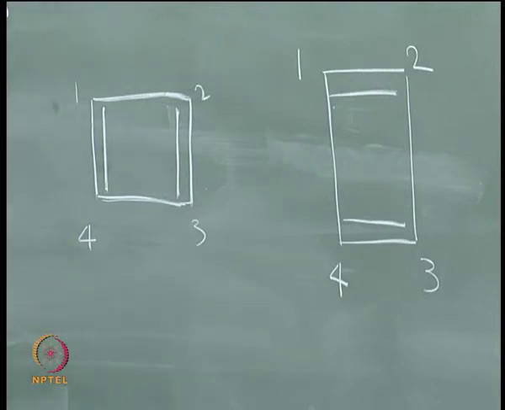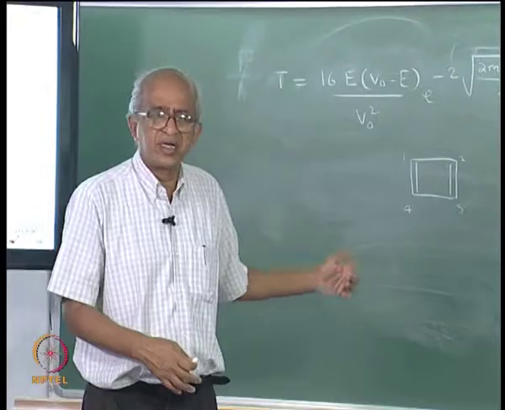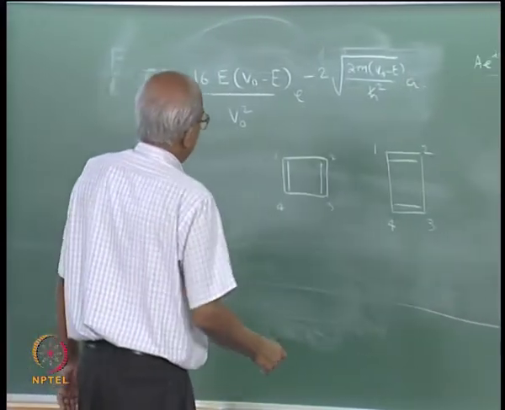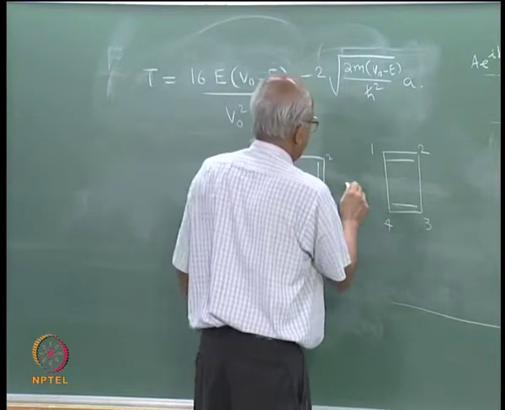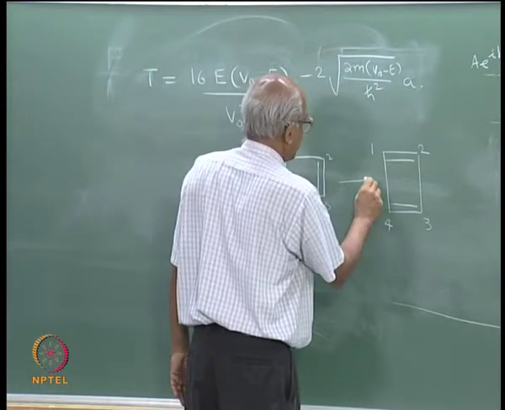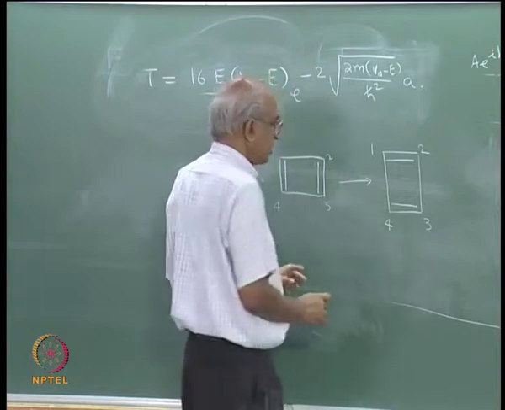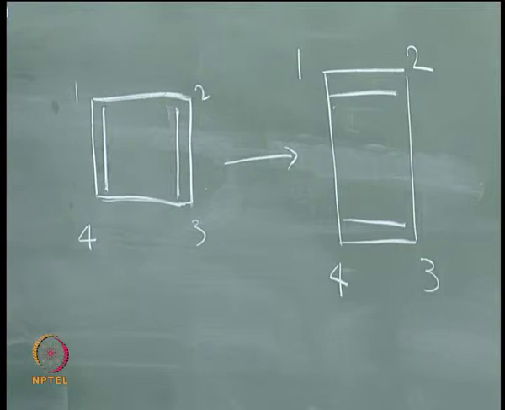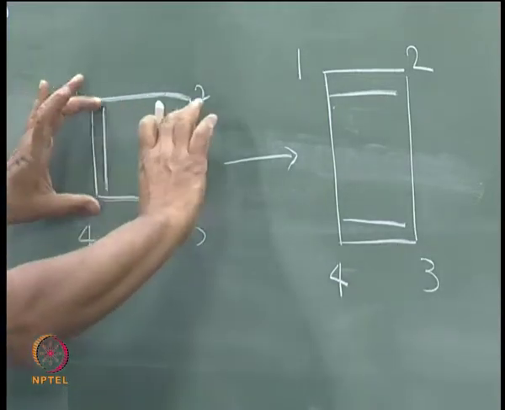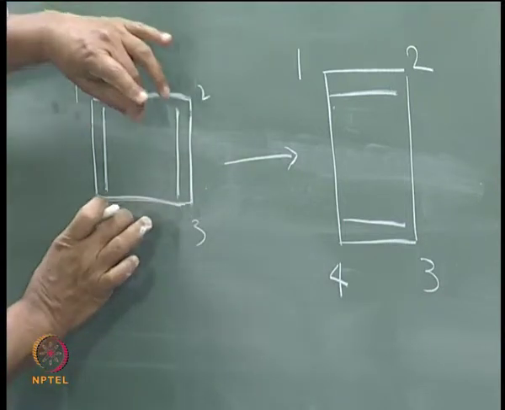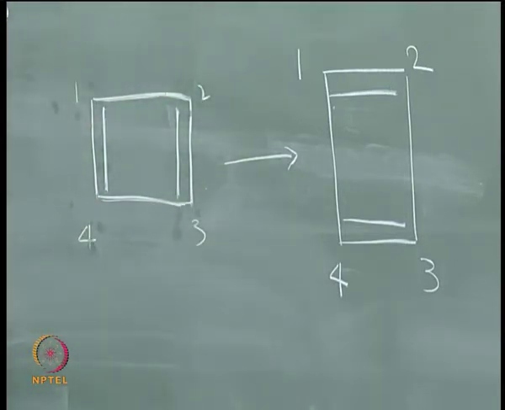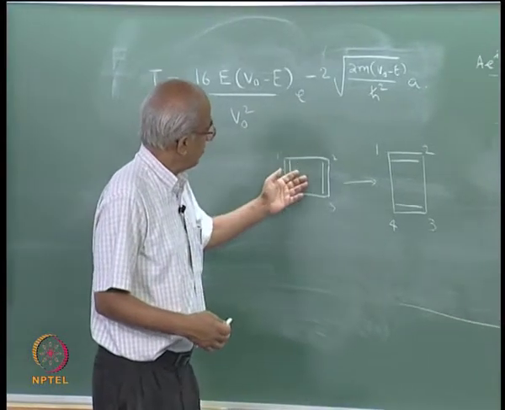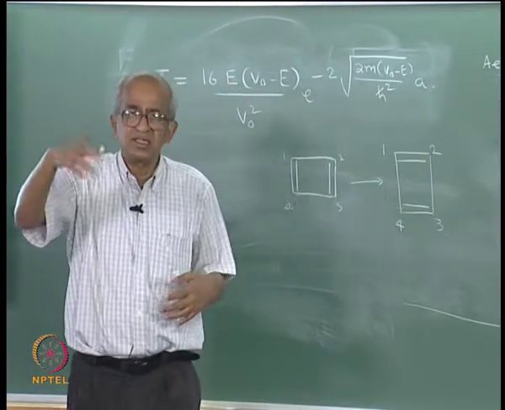It is the same molecule, but the way the bonds are distributed among the carbon atoms is different, but this and that would have the same energy, and hence it is possible for the molecule to change over to that arrangement. But to undergo that change, these 2 bonds should elongate and those 2 bonds should contract, and that requires energy, and therefore, to go from here to there is a barrier.